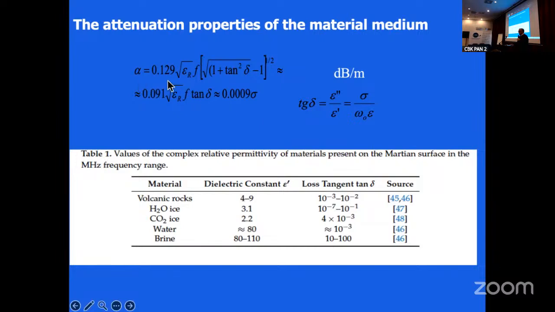The absorption, attenuation in dB per meter, this is the formula, depends on the electric constant, of course, on frequency, and on loss tangent. Shortly, loss tangent depends on the conductivity in the medium. If you have a large conductivity, the loss tangent will be very big, etc. And you have here some materials which I am showing.